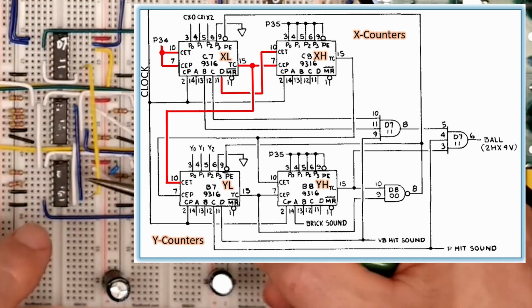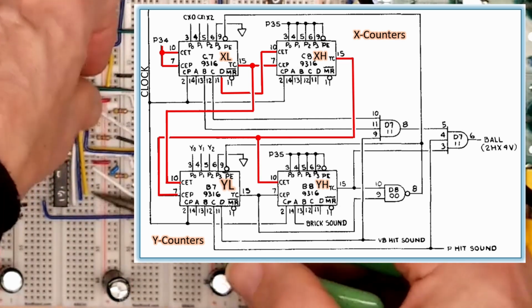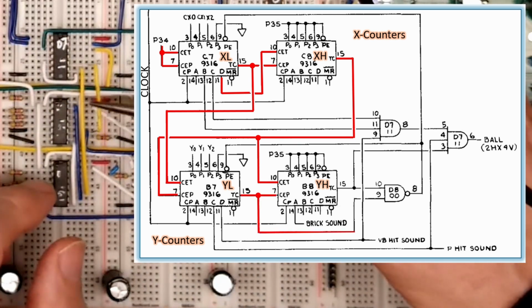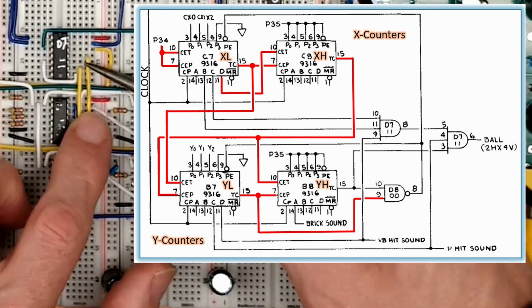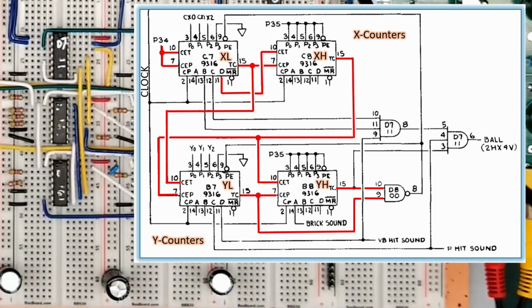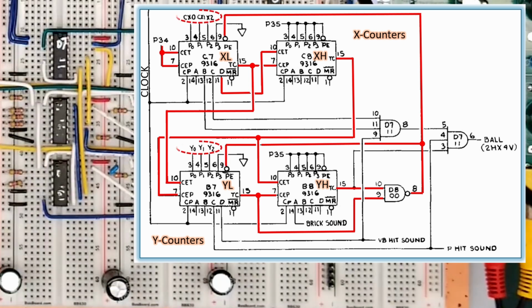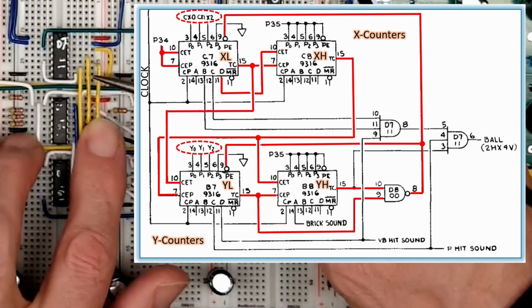When the X counters hit 255, the low order Y counter is allowed to step, and when the low order Y counter hits 15, the high order Y counter is allowed to step. When all counters hit max, PE drops, loading fresh bias values into both low order counters at the rise of the next clock. Then the whole cycle starts again each frame.